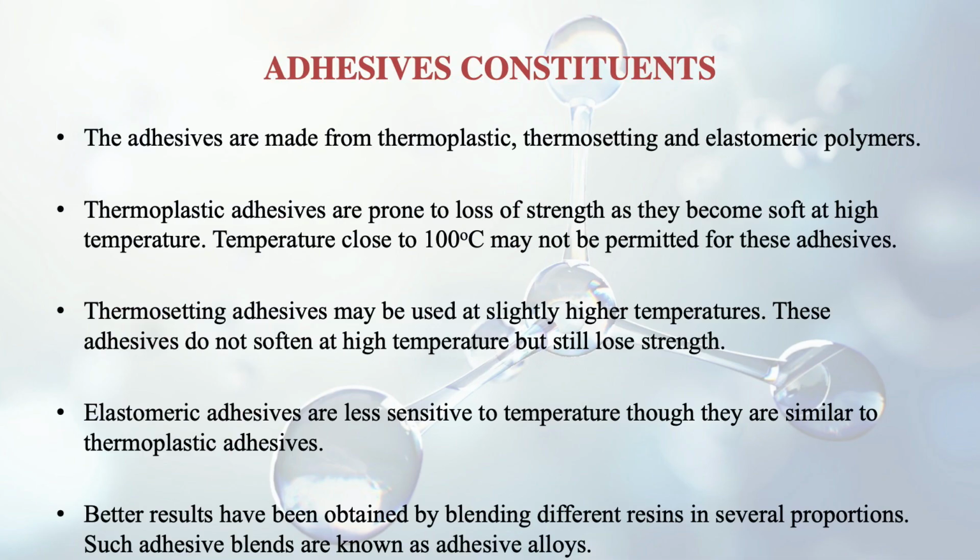So somewhat better is the elastomeric type because it is less sensitive to temperature, and better results have been obtained by blending the different resins in several proportions. So if we want even better results, we can blend these, thermoplastic and elastomeric. Such adhesive blends are known as adhesive alloys.